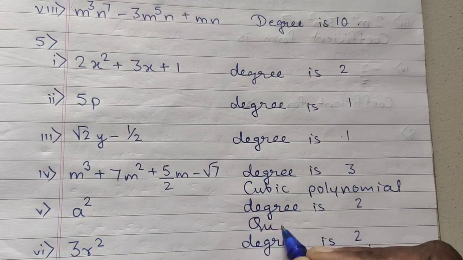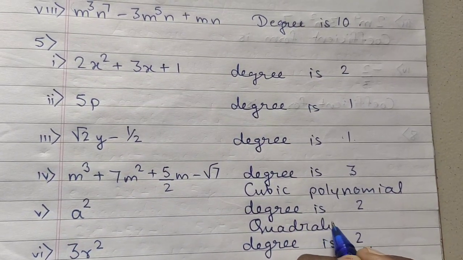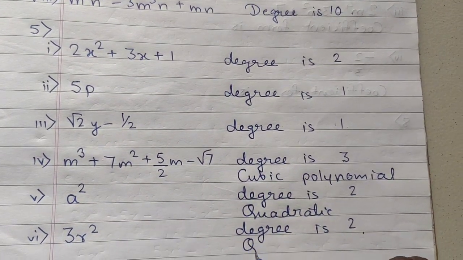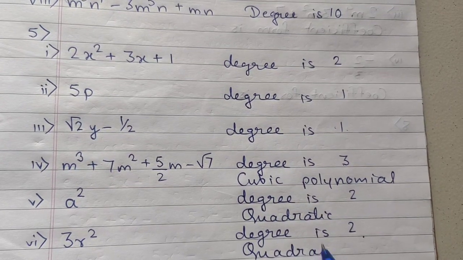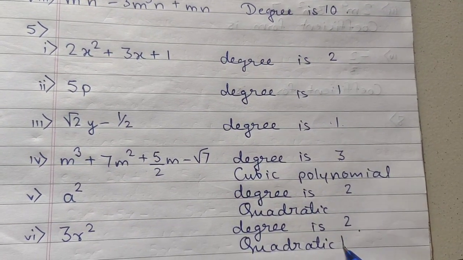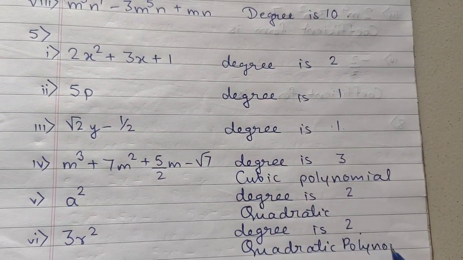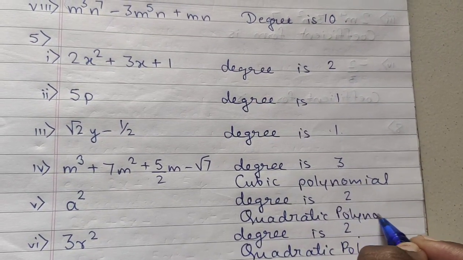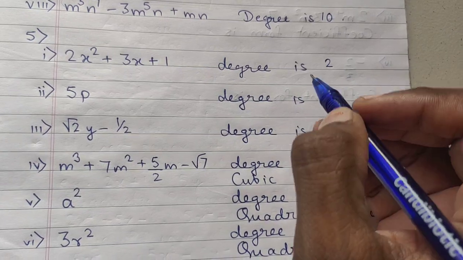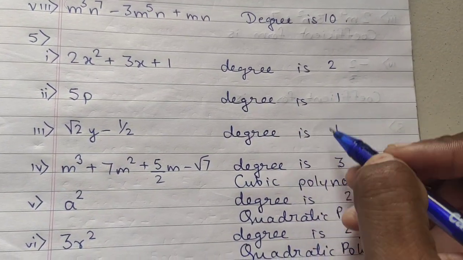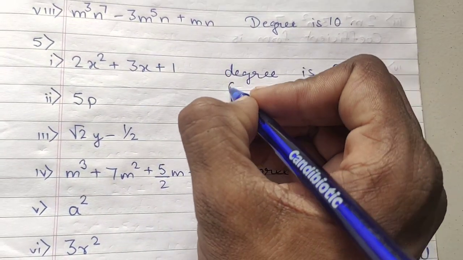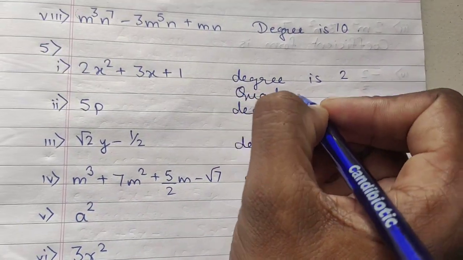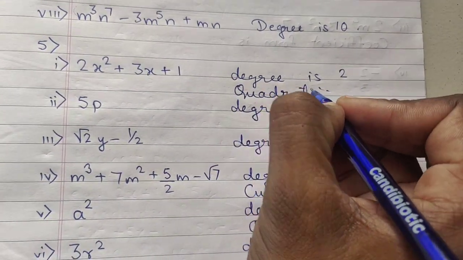Okay, so you can easily write your answer as this is your cubic polynomial. This is quadratic. This is also quadratic. Okay, this is also quadratic polynomial, and these two are linear, so that is how we are going to write our answer.